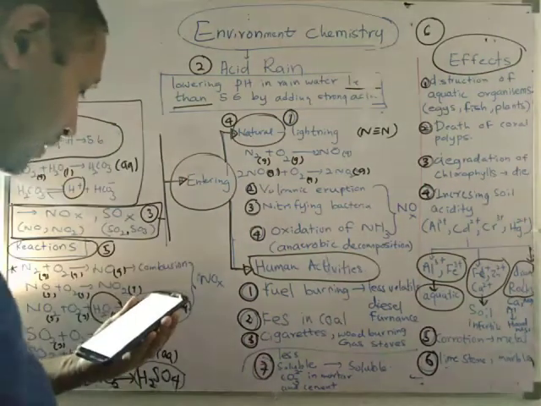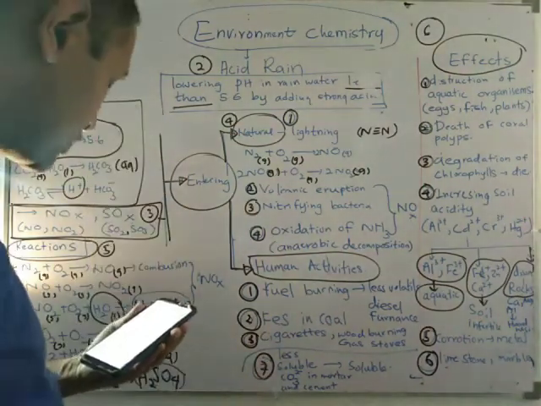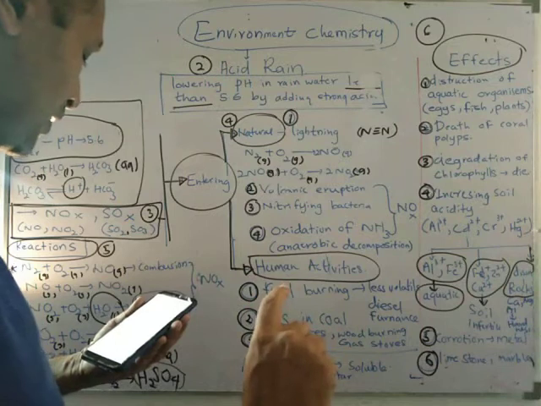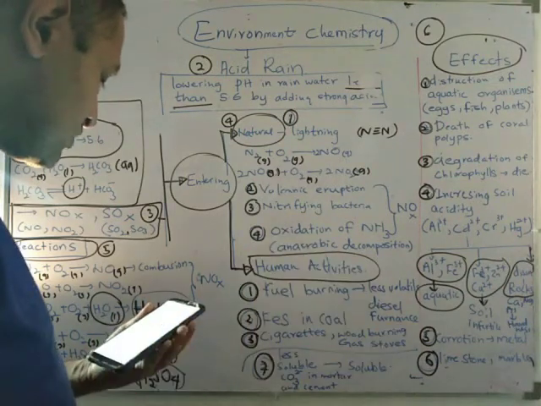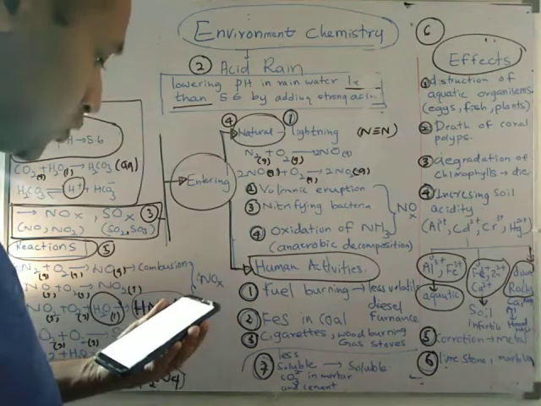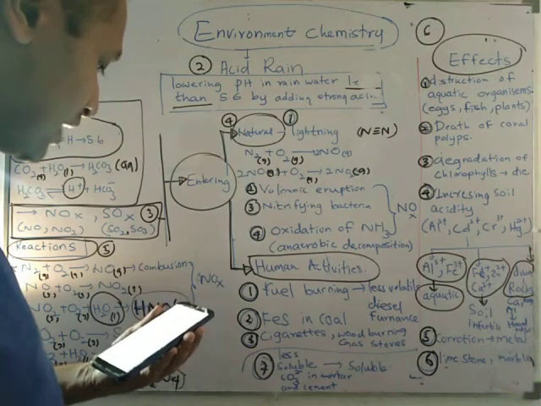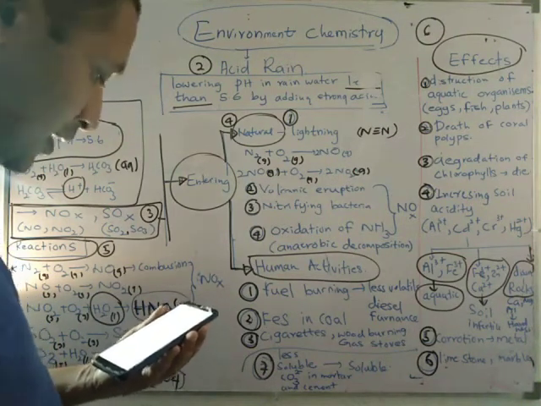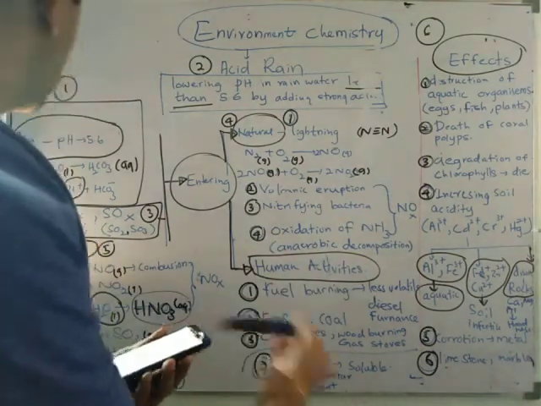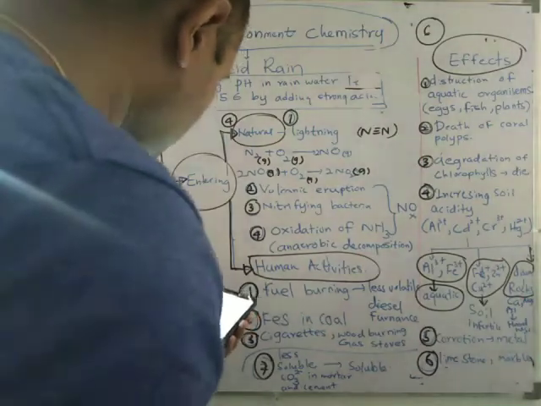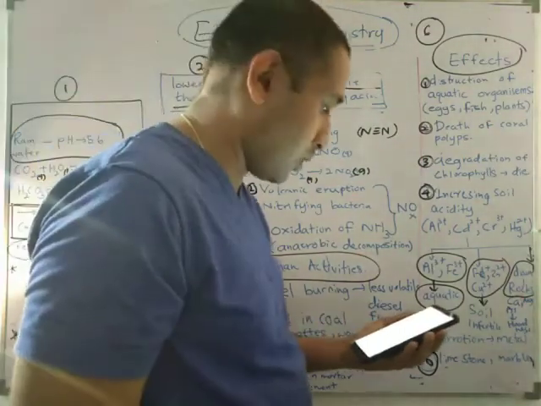Calcium carbonate reacts with sulfur dioxide, oxygen and water, forming calcium sulfate dihydrate, or gypsum, plus carbon dioxide. So they are soluble, right? Or the calcium carbonate will be dissolved like that. Okay, you should remember that equation also, very important.